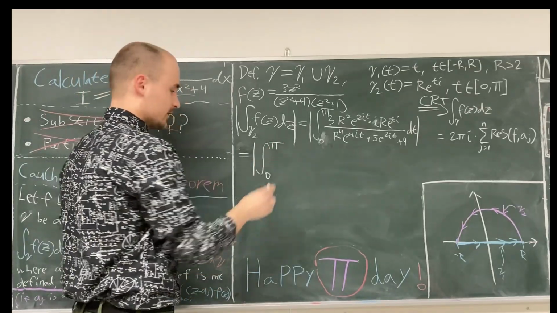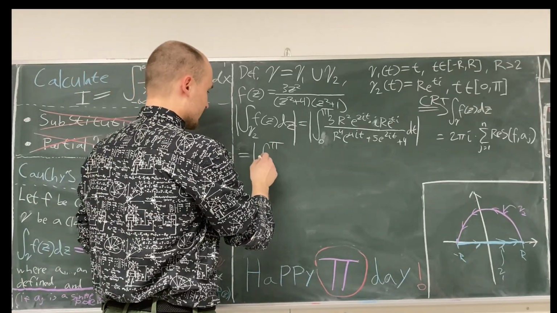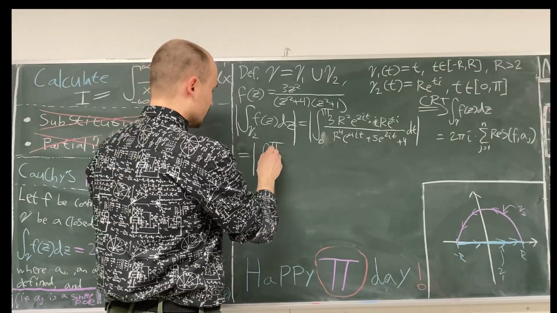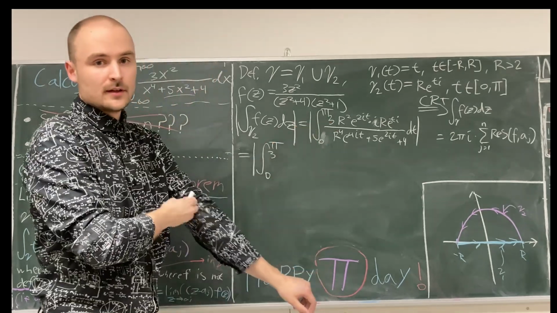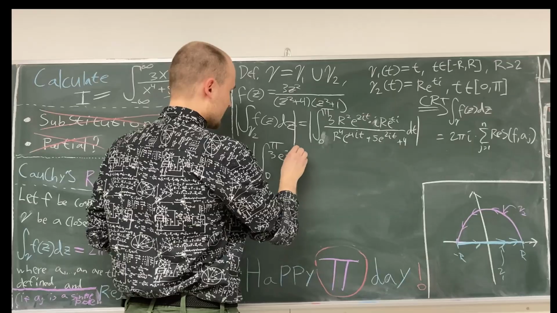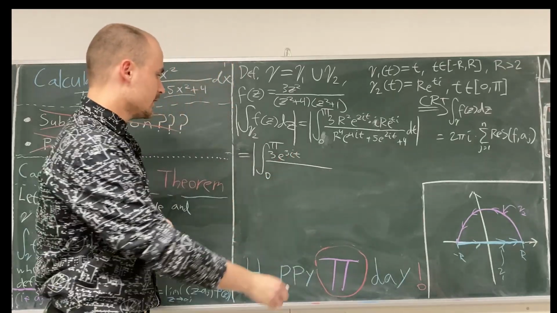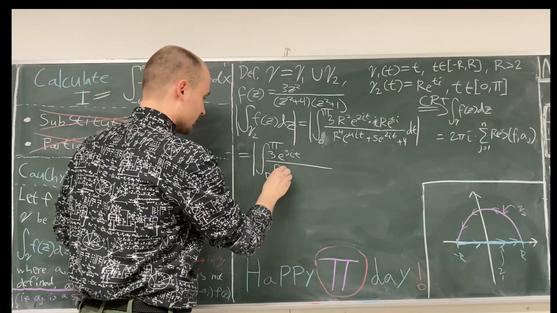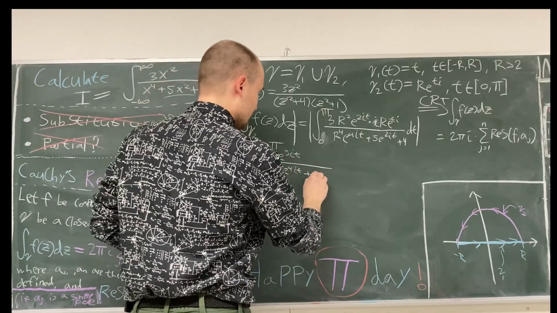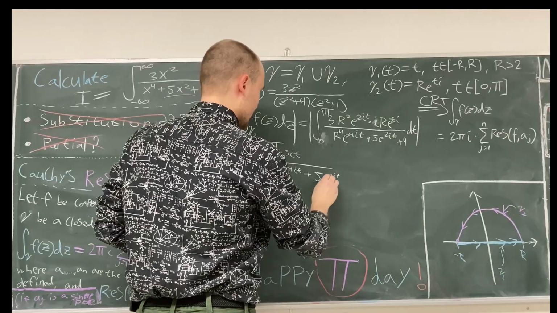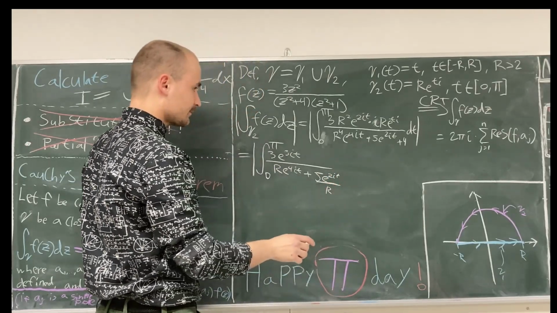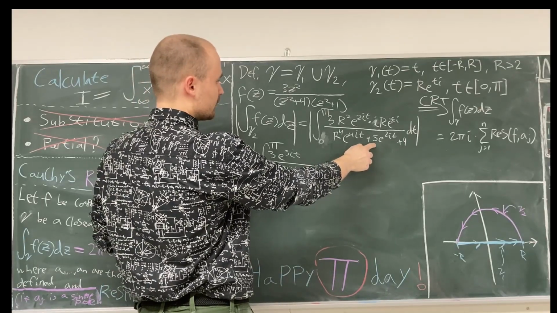Okay, so it's the integral from 0 to pi, then we have taken the i out, which just becomes 1 when we use absolute value on it. Then we'll also divide by r cubed in the denominator and the numerator. So we get 3e to the 3it in the numerator, and then in the denominator we get r squared times e to the 4it plus 5e to the 2it over r, I think I missed an r squared here, right?